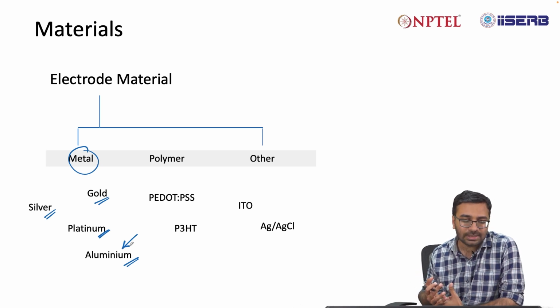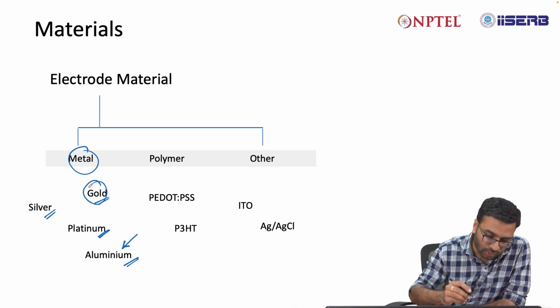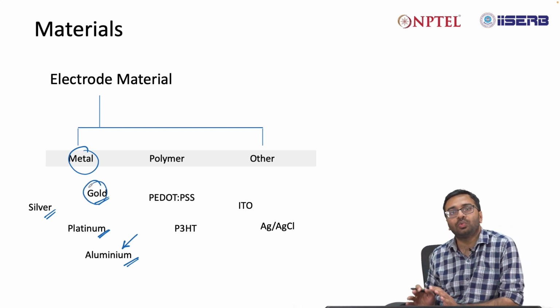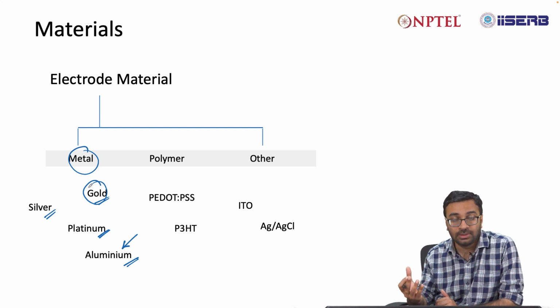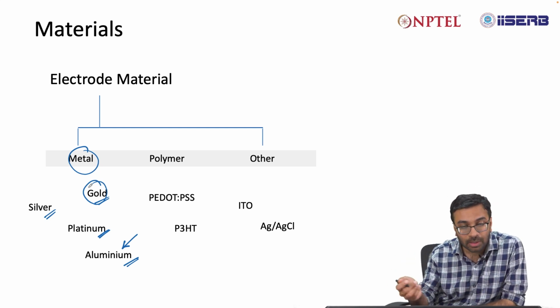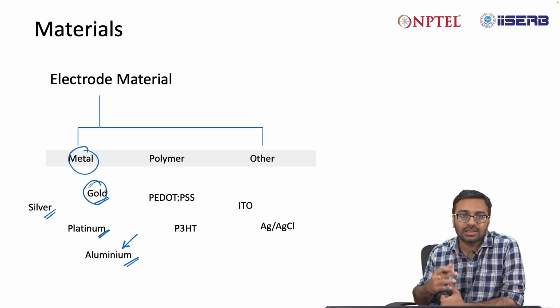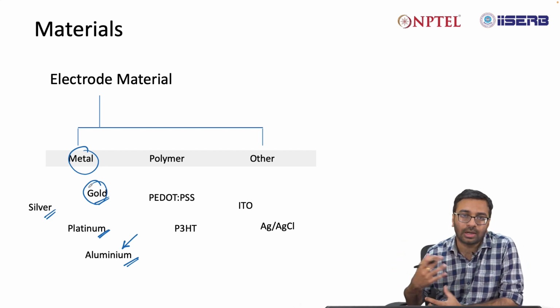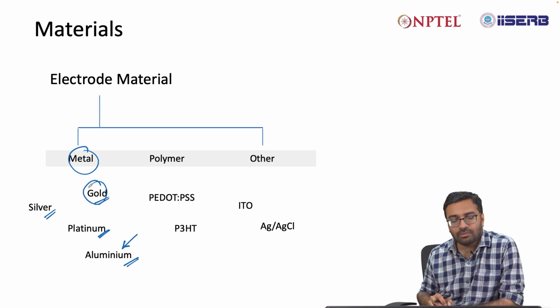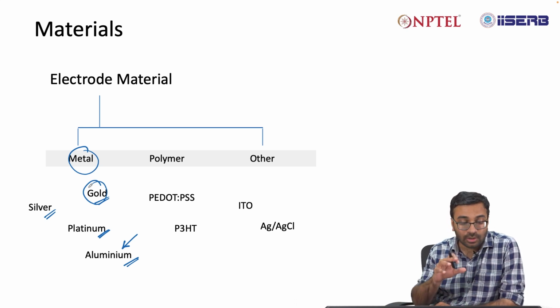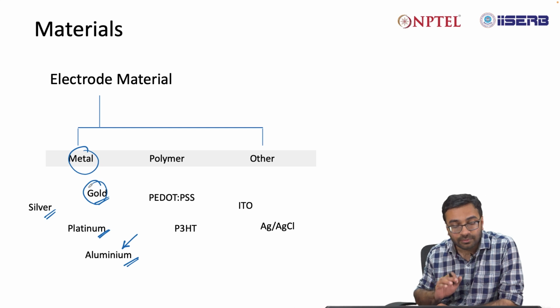In that case it is better to use a gold electrode, which is non-reactive. We do not want the electrode to react with some other material. But if you use an aluminum electrode for certain reasons, then you can insulate the aluminum so that it does not come in contact with, say, oxygen or air. That way you can design your sensor with aluminum itself.